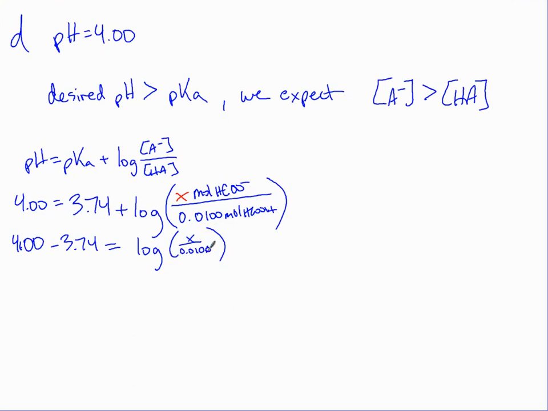To get rid of this log, on most calculators, if you hit the second button and then the log button, you'll get that 10 to the X. So this is really 0.26, so 10 to the 0.26.